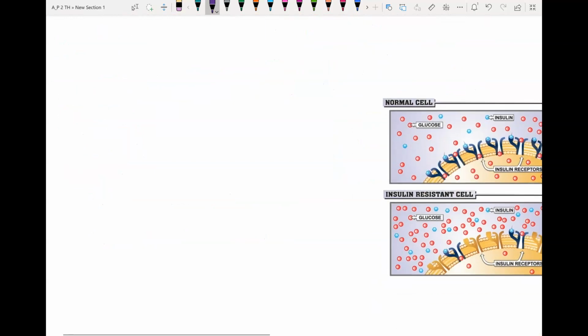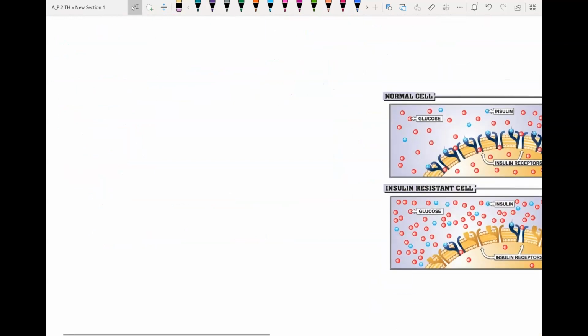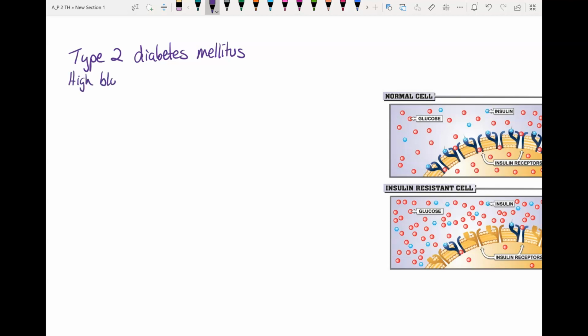An example of up and down regulation comes in with type 2 diabetes mellitus. In this condition, you start with high blood sugar, which glucose is the name for.